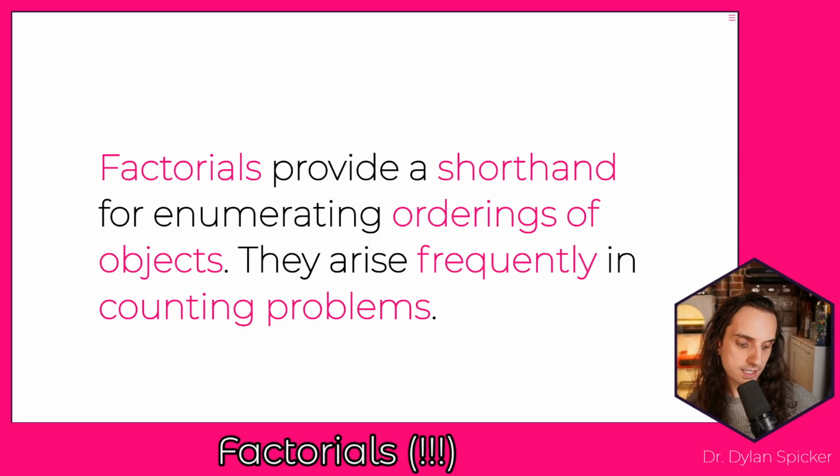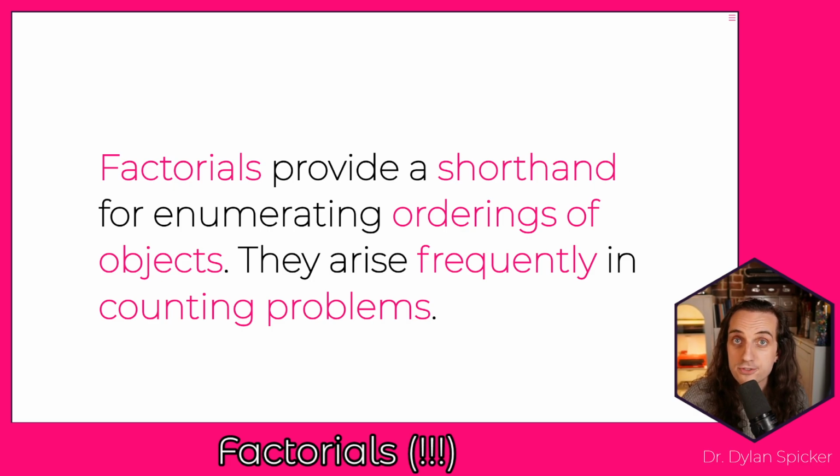So if we're thinking about their main utility, factorials provide a shorthand for enumerating the orderings of objects. They're going to be really helpful because, as we've seen, factorials get really huge really quickly. So instead of writing down a number with 67 zeros on it, we write 52 factorial. They're quite exciting to write down, right? We're using our exclamation points there, and so they sort of liven up the algebra that we're doing here.